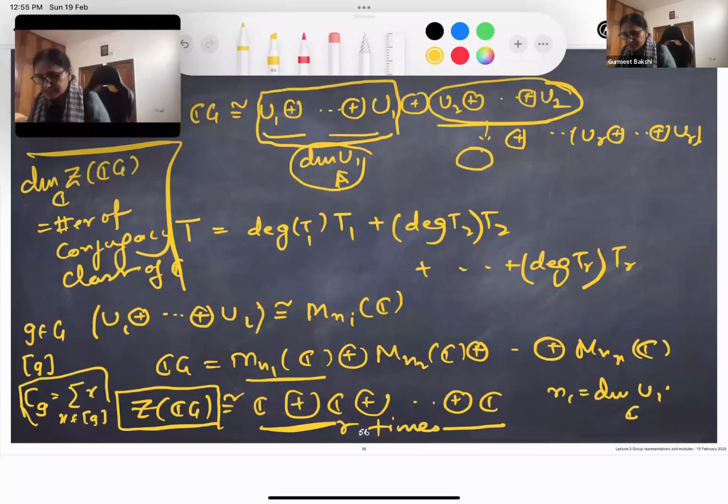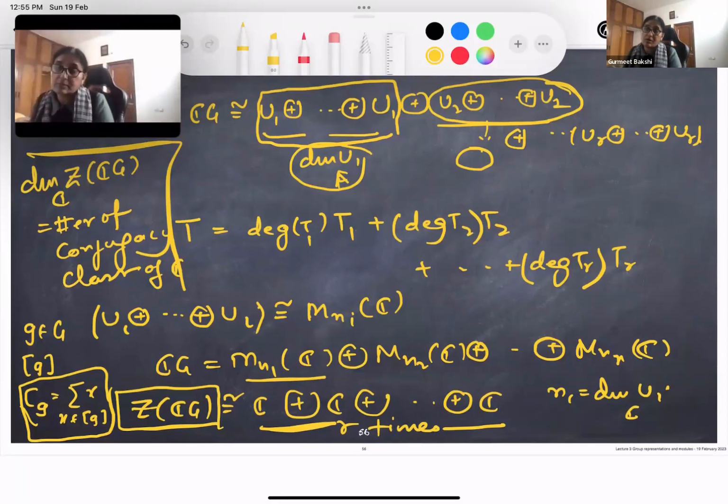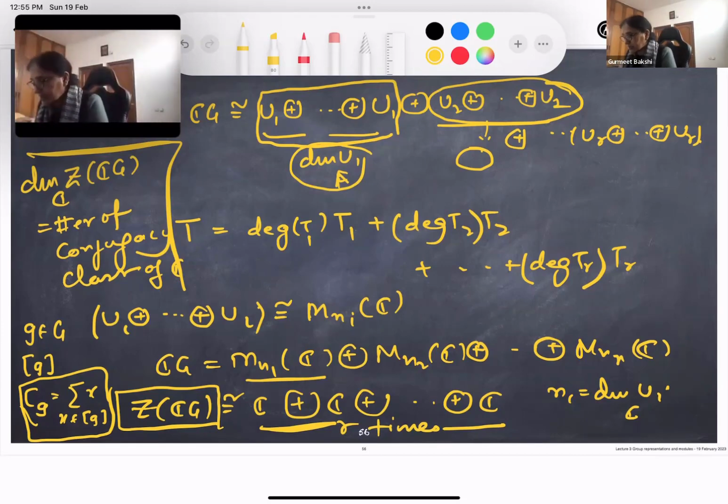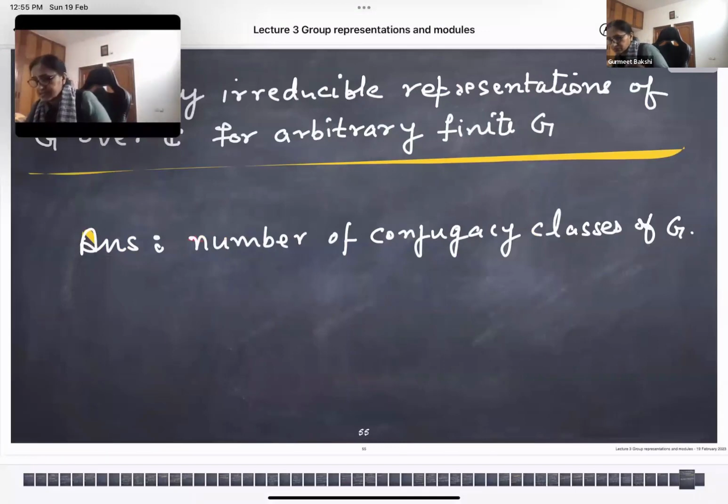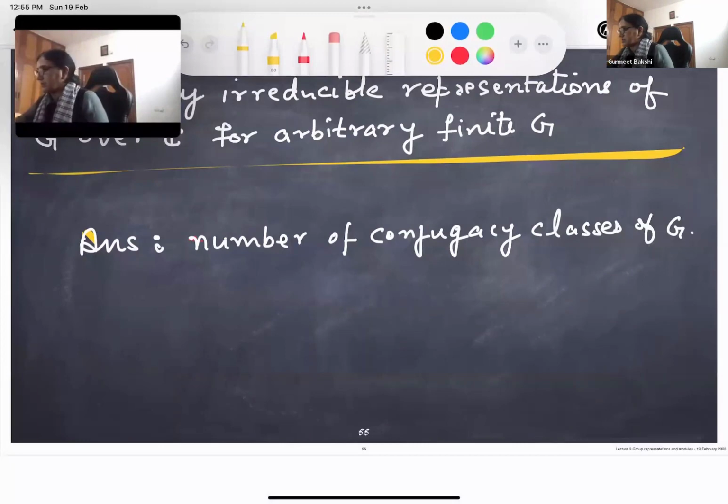These are elements in the group ring CG, and what you can prove is that they form a basis of the center of CG as a vector space over C. So you have as many elements in a basis as the number of conjugacy classes of G, and therefore the dimension of the center of CG over C is equal to the number of conjugacy classes of G, and therefore your r will turn out to be the number of conjugacy classes of G. So you have those many representations.